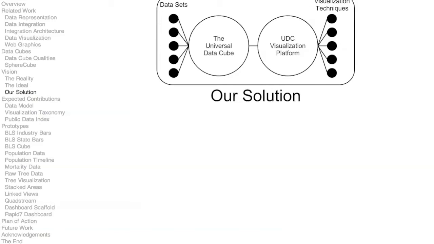The solution I propose here is the universal data cube, a data model where you can model all the data sets in terms of this structure. Then these various visualization techniques can be implemented on top of this data structure. In the resulting system, you would be able to pick a data set and pick a visualization technique, and the system would figure out the mapping for you.